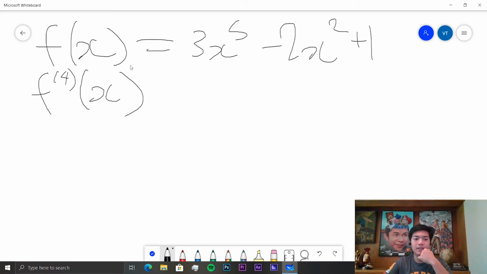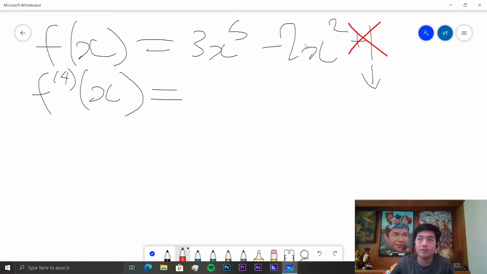And we can actually cheat a little bit here. We don't need to differentiate all the terms, because after one derivative the constant term will no longer exist.